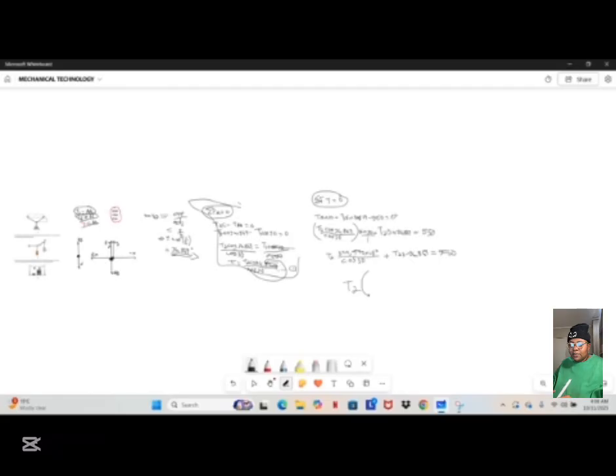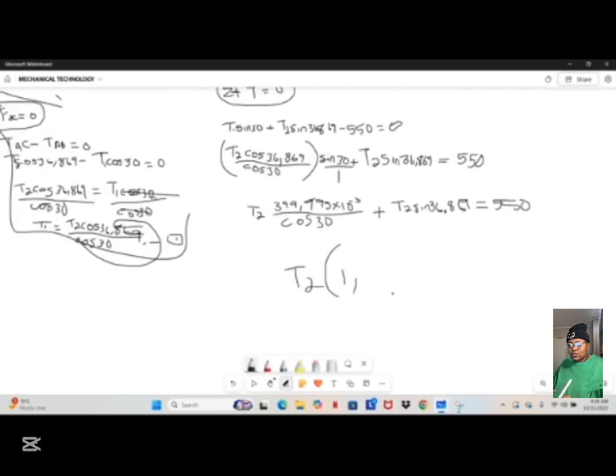And then we're gonna divide both sides by 1.062. Divide this side, 0.62. This and this, they go.